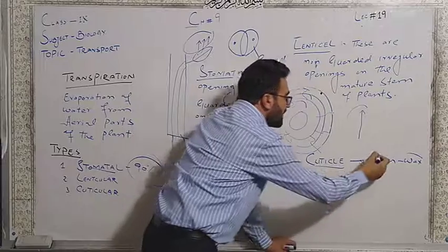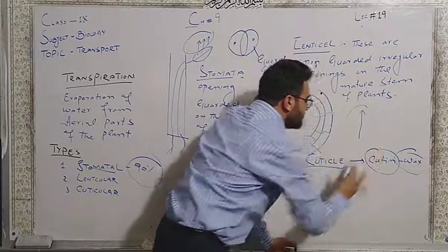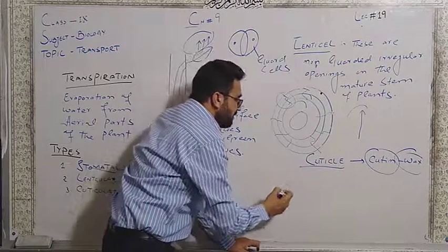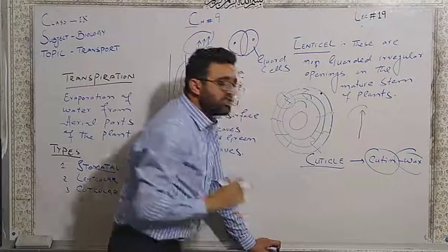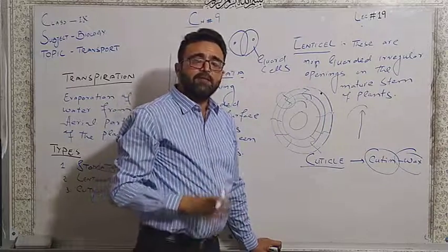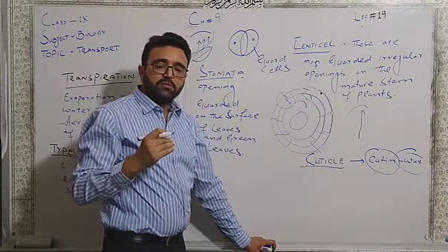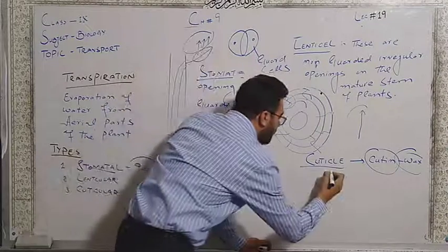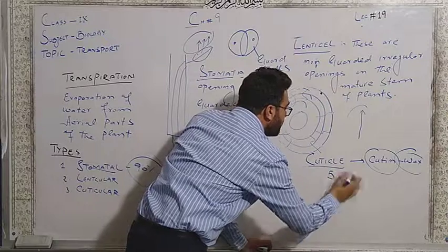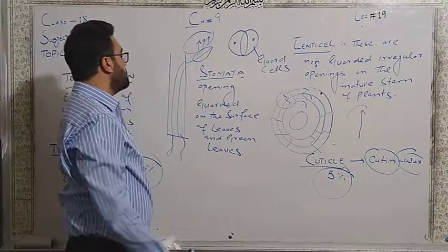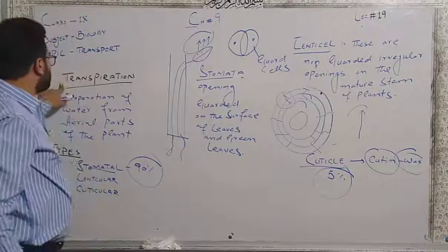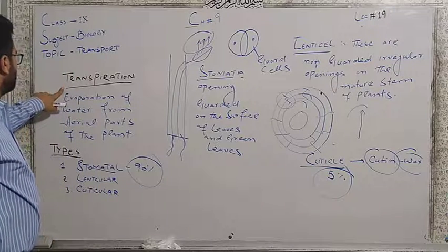Because this cutin wax is present on the surface, and it's strongly hydrophobic. It prevents the evaporation of water from the plant body. Still, 5% of the water evaporates from the cuticle also. So this is the transpiration mechanism.